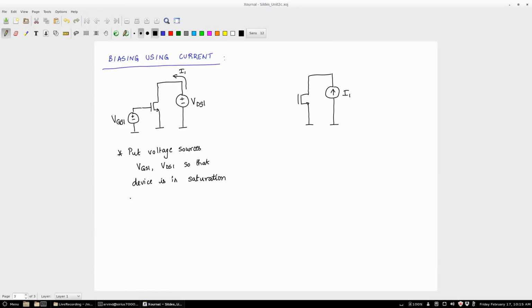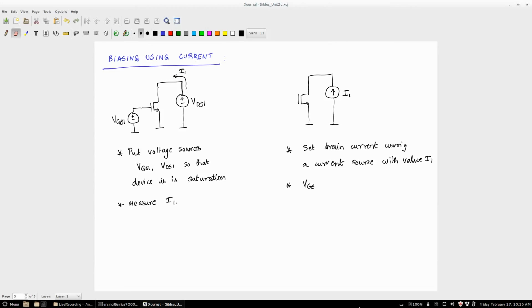So the experiment I am doing is put voltage sources VGS1 and VDS1 so that the device is in saturation. Okay. I am going to measure the current. So I measure I1. Okay.